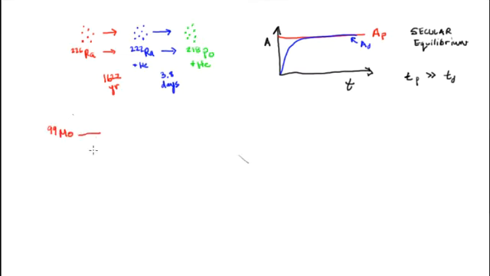So molybdenum-99 decays via beta emission into technetium-99. And this is a metastable state of technetium, which means it's an excited state in the nucleus. So that can decay down into the ground state of technetium-99 through internal conversion.